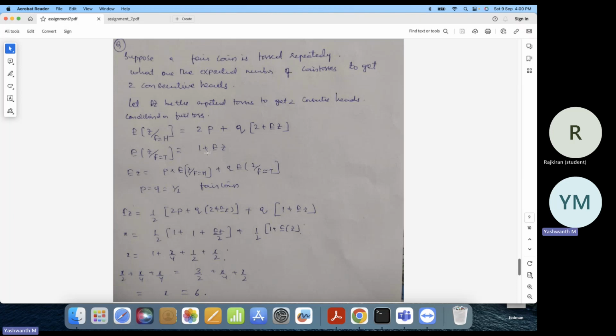I wasted my one toss. It's like I have to start the game all over again. First toss is gone, and again I ended up with this thing. This is also clear.